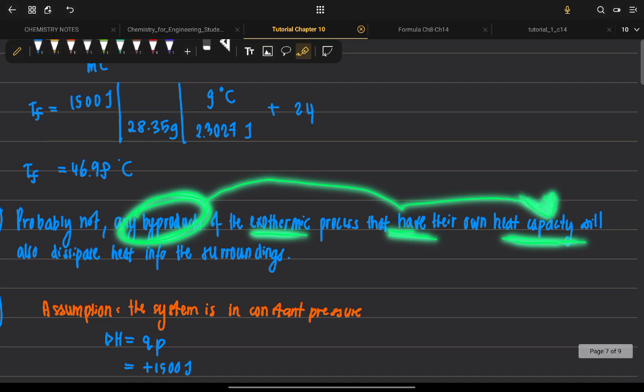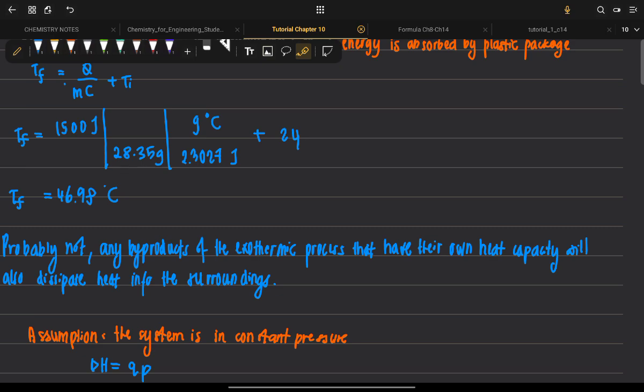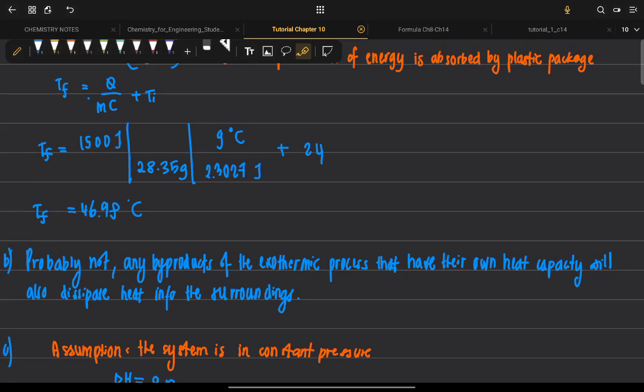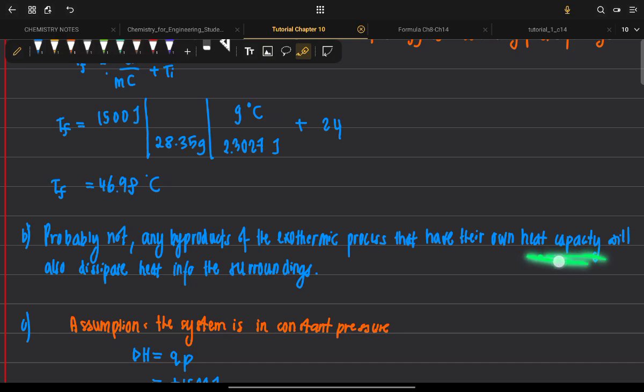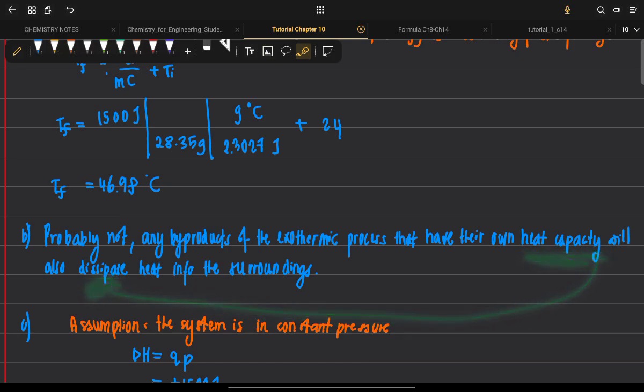So when we use this formula, our estimation is not really precise. Also the heat will dissipate to the surroundings.